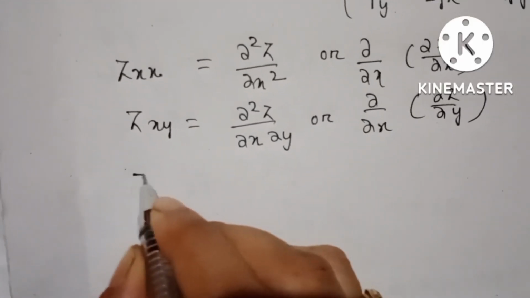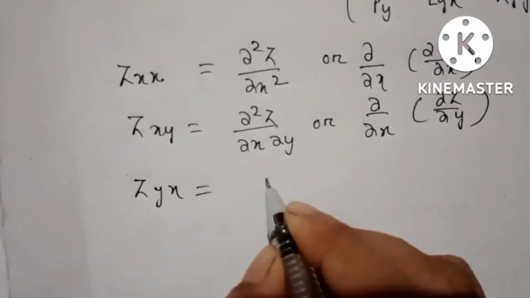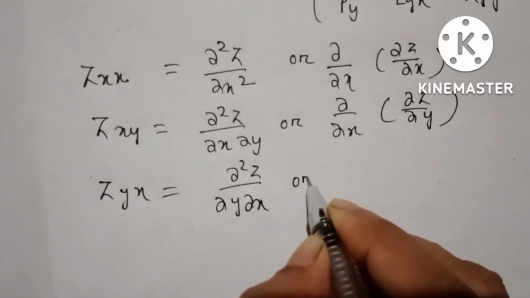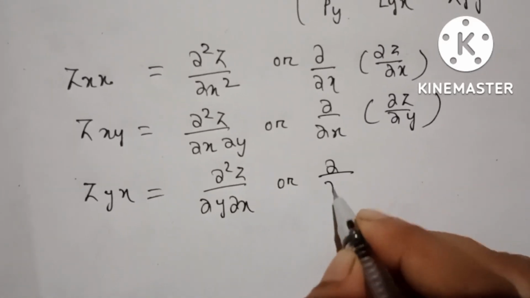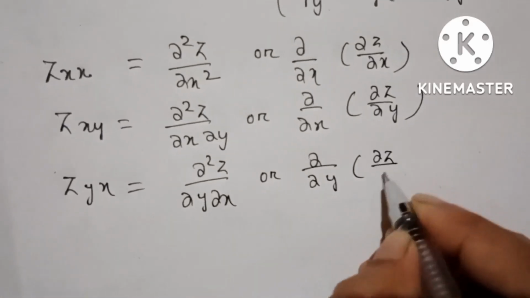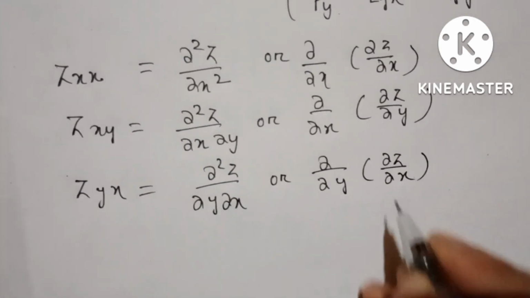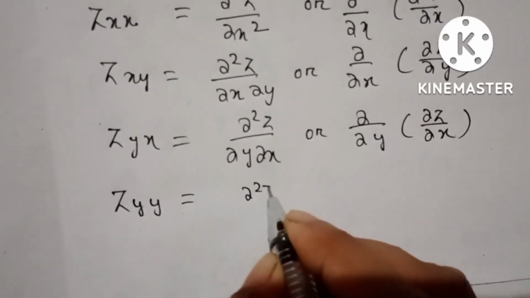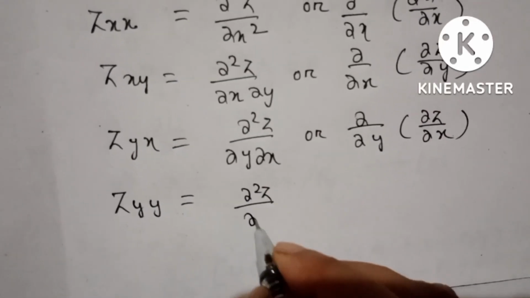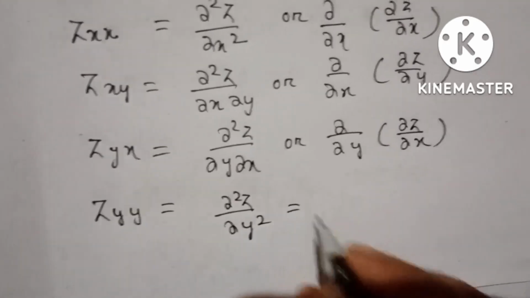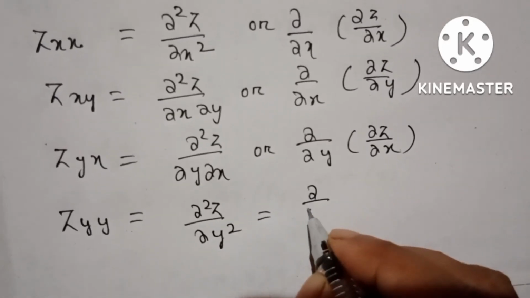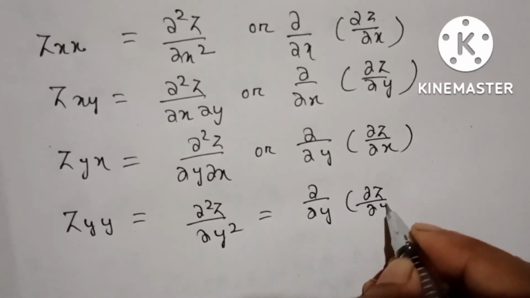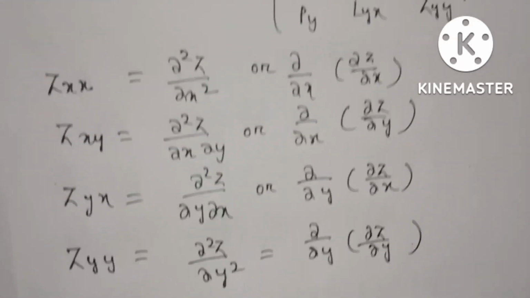Next, zyx equals d square z by dy dx, or d by dy of dz by dx. Now zyy equals d square z by dy square, so this equals del y of dz by dy. Are you getting my point?